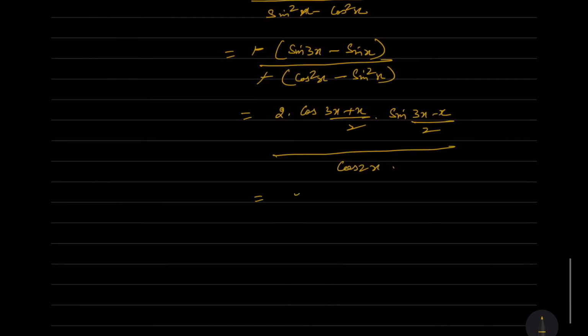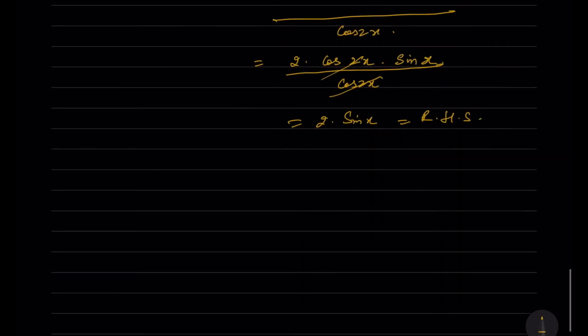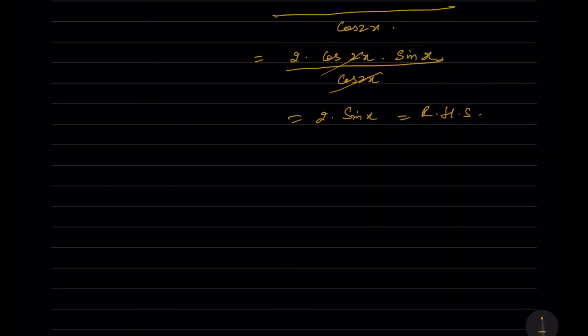So this is equal to 2 into cos 4x by 2, which is 2x, into sin 2x by 2, which is sin x, divided by cos 2x. So cos 2x will get cancelled. So the answer is 2 into sin x, which is equal to RHS. So therefore LHS is equal to RHS.